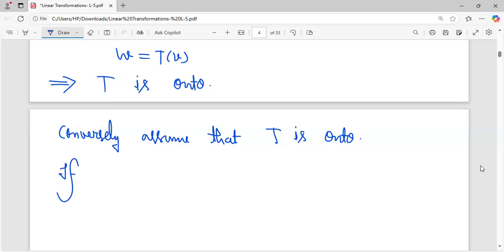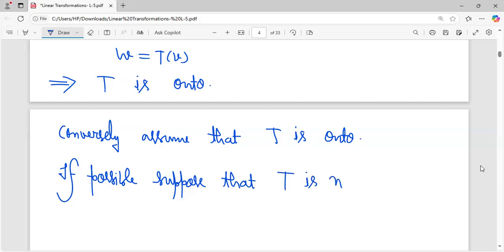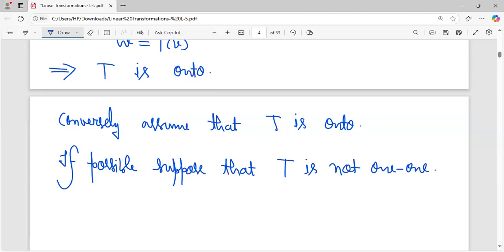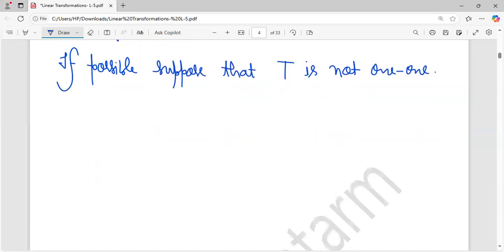If possible, suppose that T is not one-one.